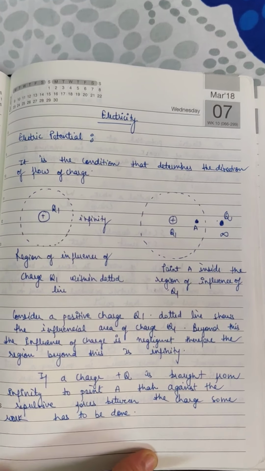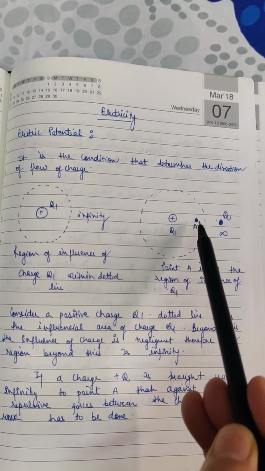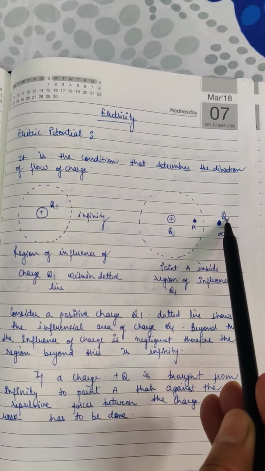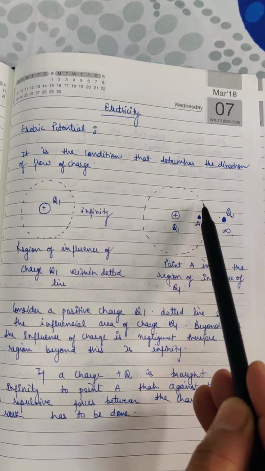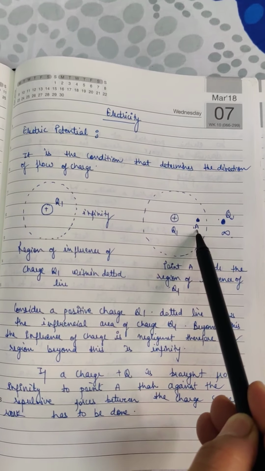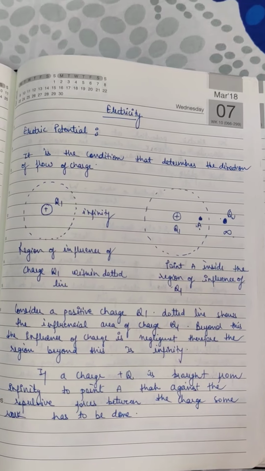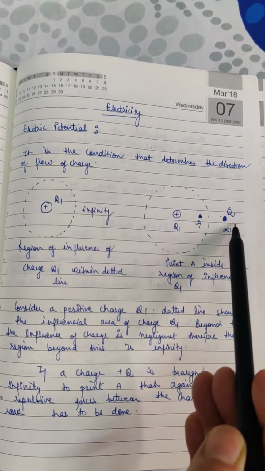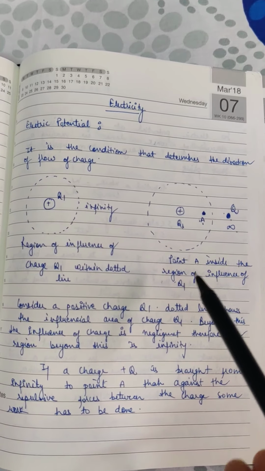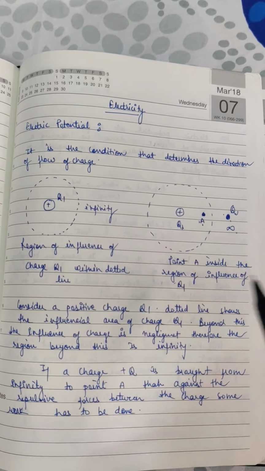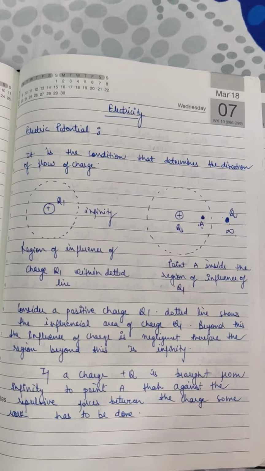So we can consider this as infinity, where the influence of this positive charge is very less or almost negligible. Suppose we have a charge at infinity and we have a point A under this region. If a charge plus Q is brought from infinity to point A, then against the repulsive force between these two charges, some work has to be done.